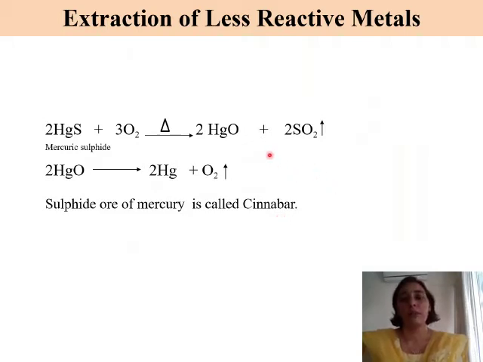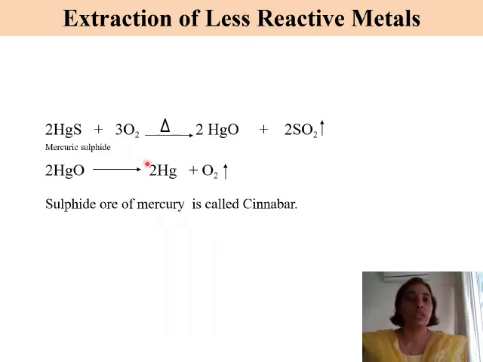Now that we have completed the extraction and we have got the metals in the pure state, it doesn't mean that the metals are in their purest form. There are some impurities which are still left in them, and the last step that is carried out is refining. So refining of metals is the last step in purification, and it is brought about by the method of electrolysis.